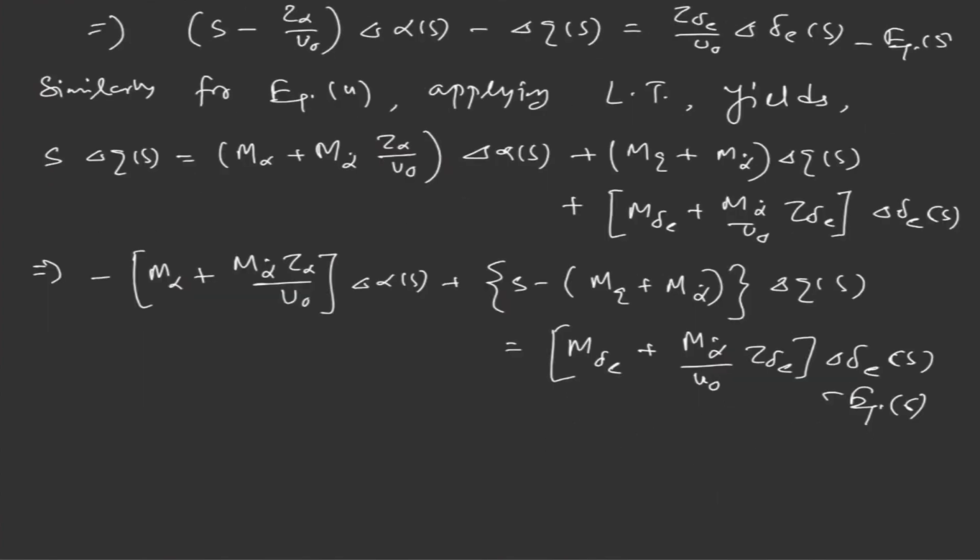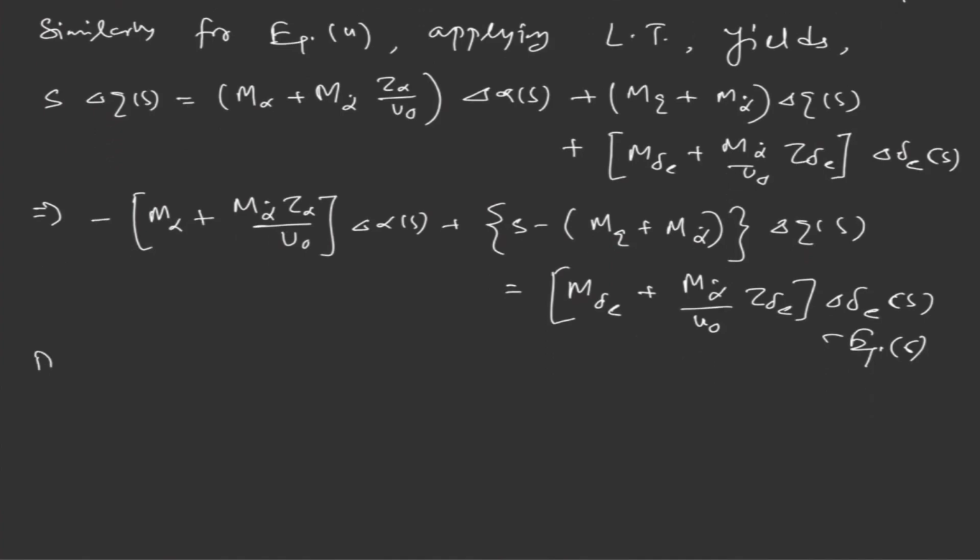Now if you divide equation 5 and equation 6 by delta ES, the same concept we applied for the brute force method or where you applied Cramer's rule.